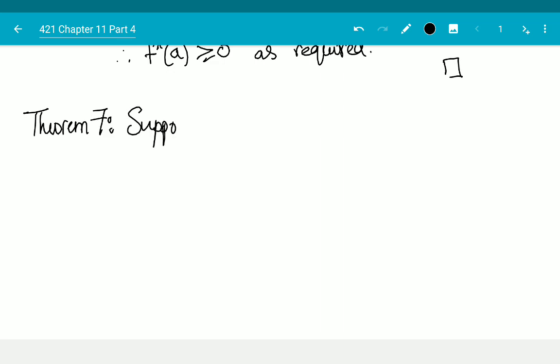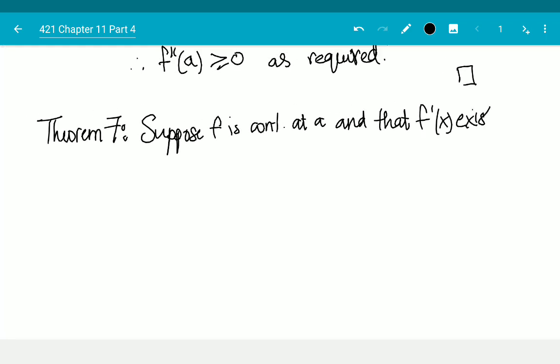Suppose f is continuous at a and that f prime of x exists for all x in some interval I containing a.